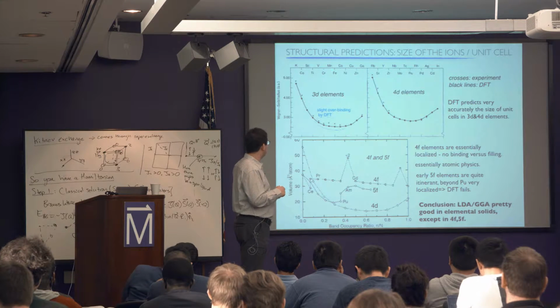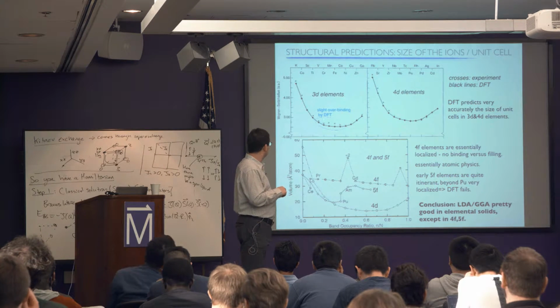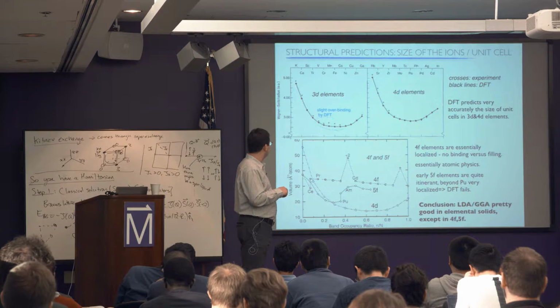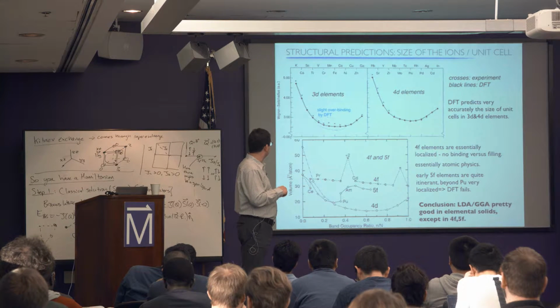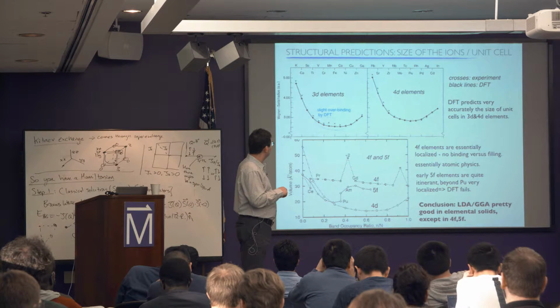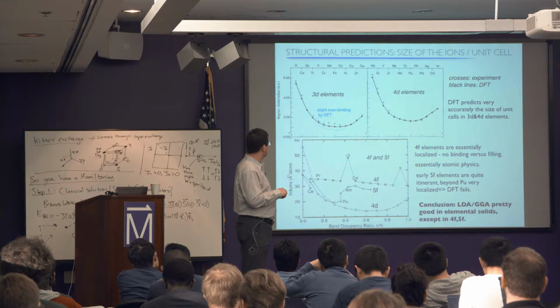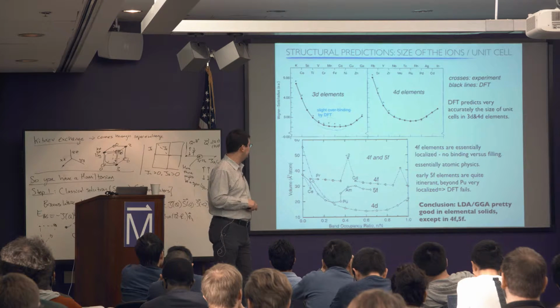Now, if you look at the 3d elements, just elements, then you see that DFT has a slight overbinding. So the total energy of DFT, crosses are experiment, and experiment is slightly lower. So DFT slightly overbinds in 3d.